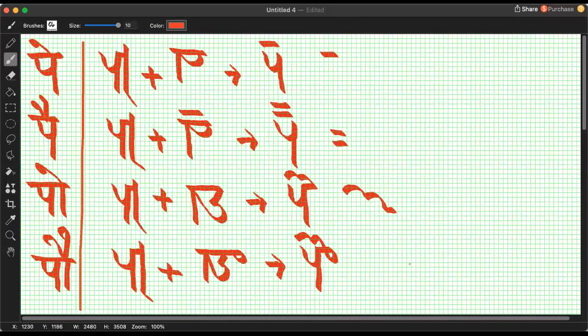The matra is like this. Make a round here and then make this tilted M kind of a shape.